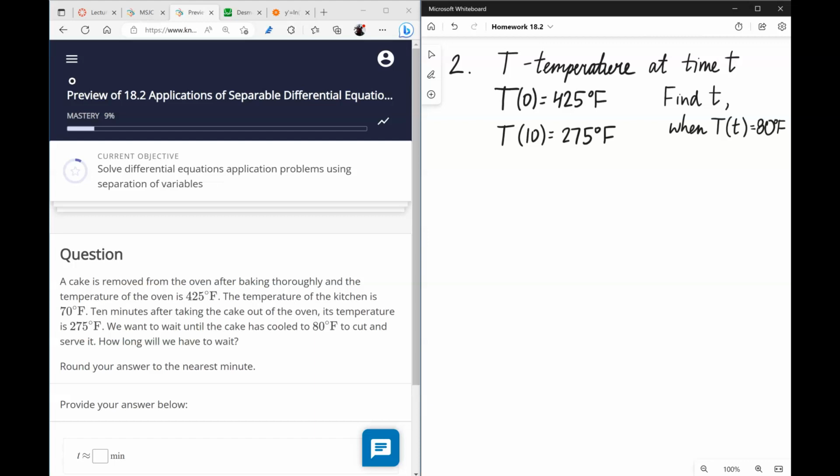And how fast the temperature changes with respect to time will depend on the difference between the temperature and the medium surrounding it in the following way.